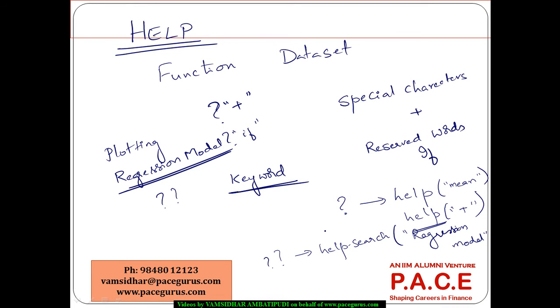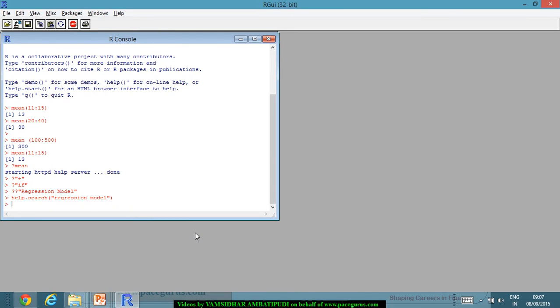And here, let's do something more. Let me say help mean. If you look at the difference, if I am using help, mandatorily I have to put it in double quotes. And let's say if I want to note what it means, here I could very well put a hash, computes the mean.